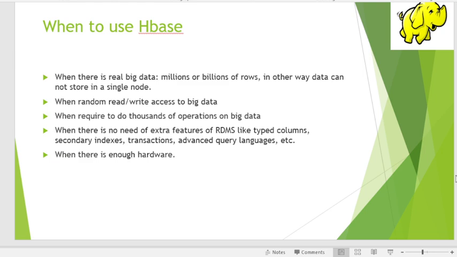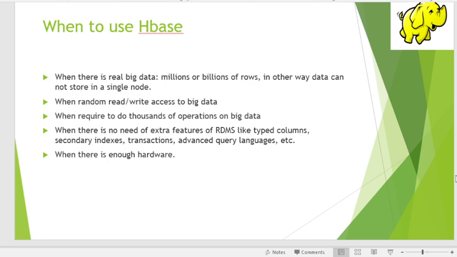Now, when to use HBase? When there is real big data, like millions or billions of rows, or in other words data that cannot be stored on a single node. When random read and write access to the big data is required.